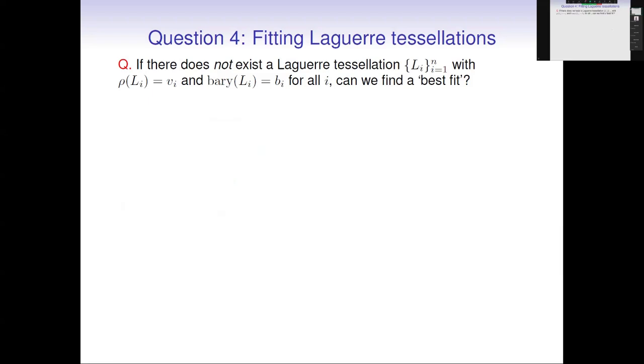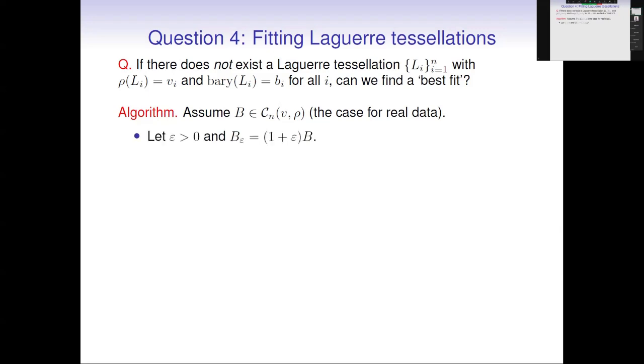So then the algorithm is the following. Assume that the data you're given at least belongs to Cn, which is the case for real data. The real data is coming from a tessellation, not a Laguerre tessellation, but the grains in the metal do form a tessellation. So this isn't really a restriction. Then you fix epsilon bigger than 0, and we rescale the barycentres, dilating them by 1 plus epsilon, and epsilon will be small in practice.